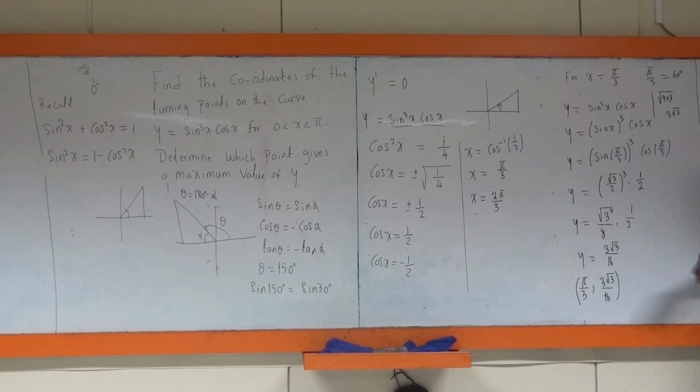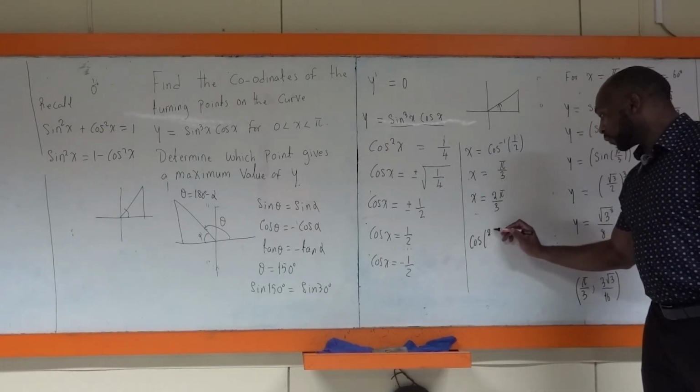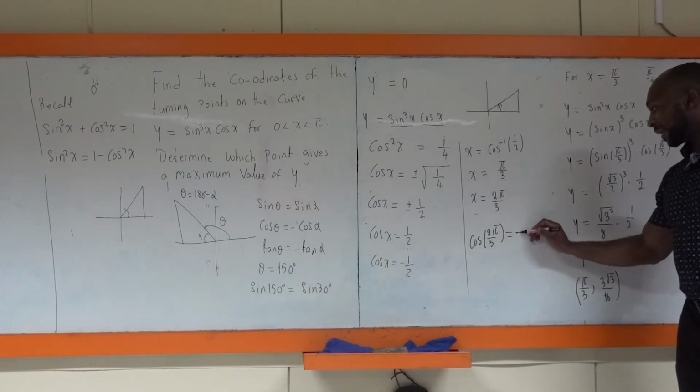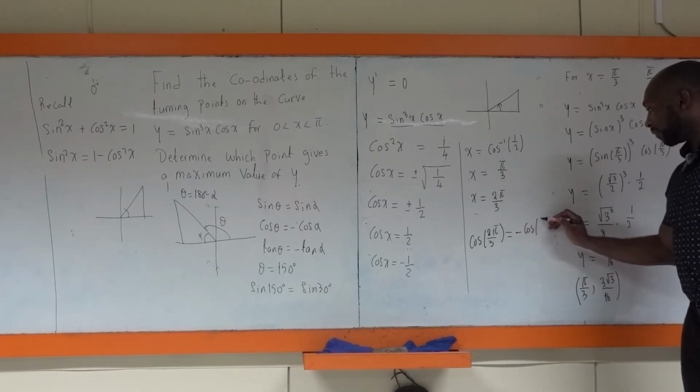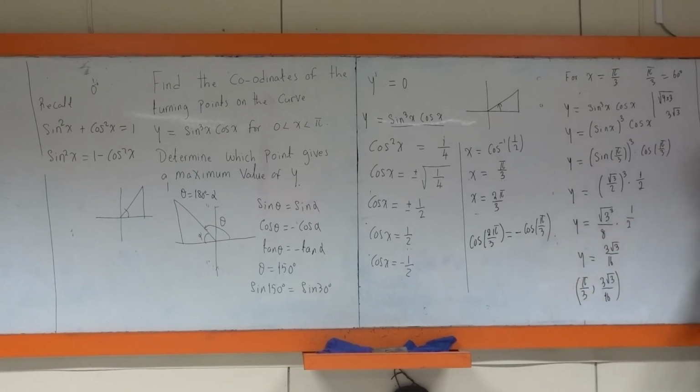And cos of 2 pi over 3 is just the same as negative cos of pi over 3. So this one is only going to be negative, because cos of 2 pi over 3 is just the same as negative cos of pi over 3, and cos of pi over 3 is 1 over 2. So the other y coordinate is going to be negative 3 root 3 over 16.